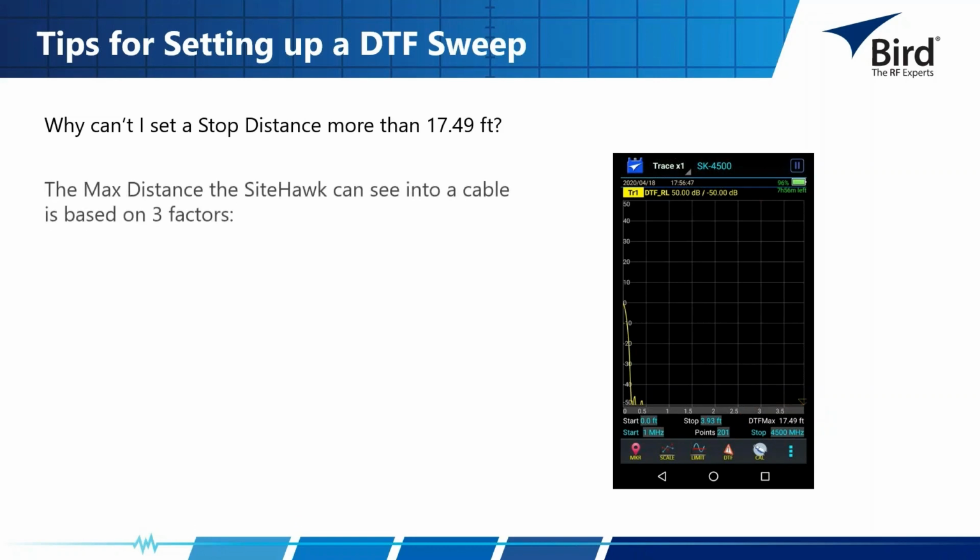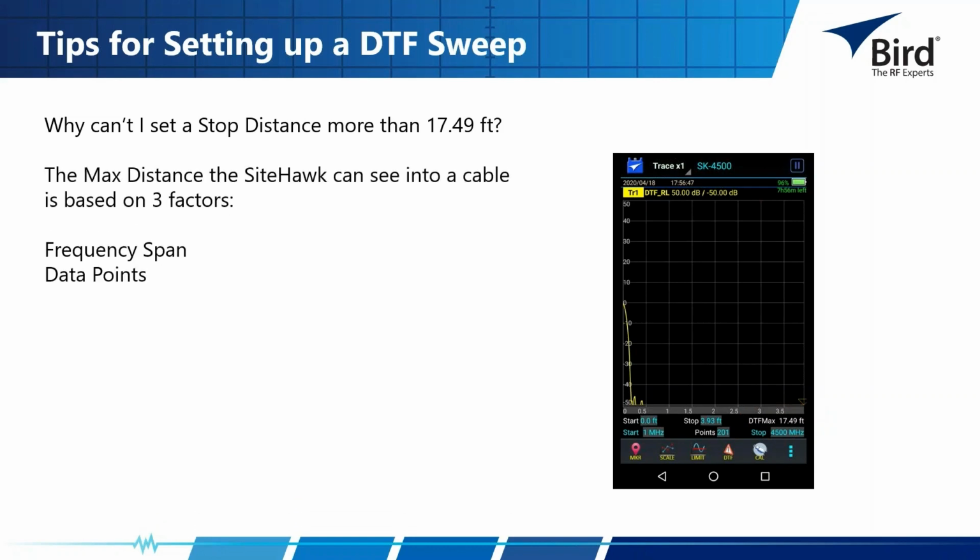Well, the max distance the SiteHawk can see into a cable is based on 3 factors: the frequency span, the number of data points, and your velocity of propagation. So down here we're set up for 1 megahertz up to 4,500 megahertz. But if you tap there on the start, that will change the start and stop frequency to center frequency and span.